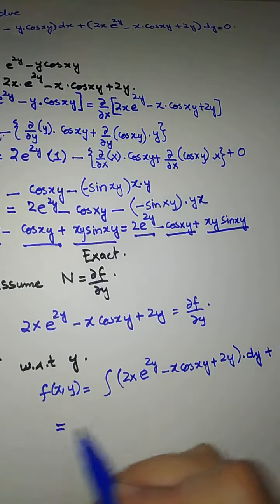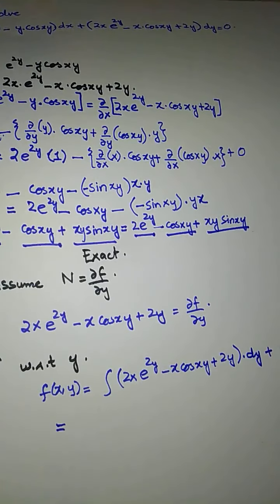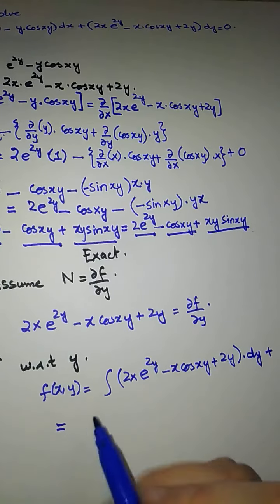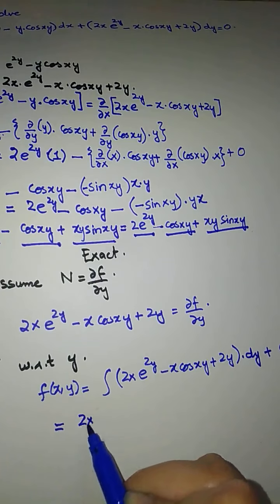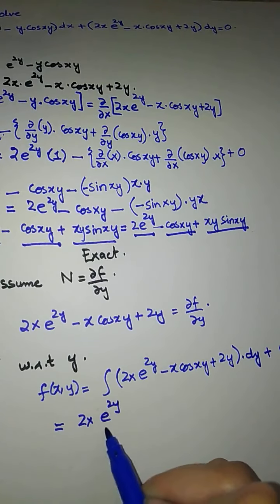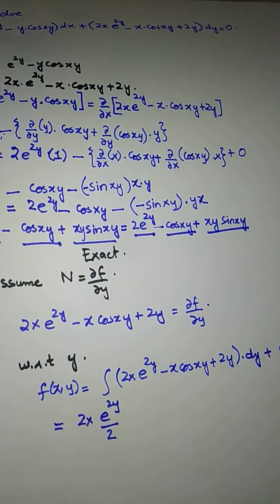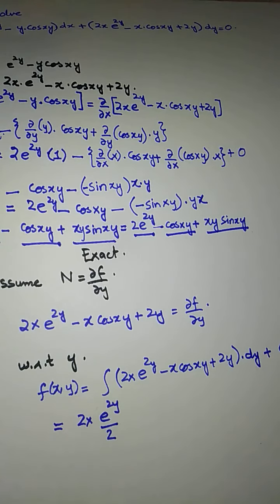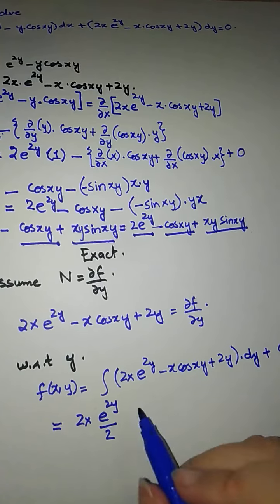So this becomes 2x, here x is a constant, and e to the power 2y has the integral e to the power 2y divided by 2. In derivatives, the constants are multiplied, but in the integrals of exponential and trigonometric functions, constants are divided.